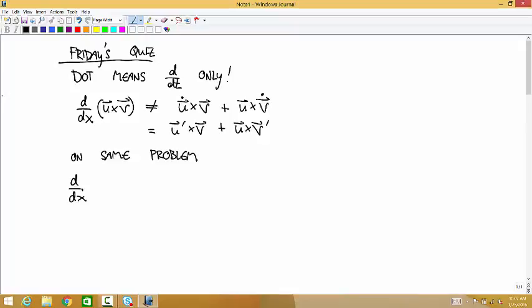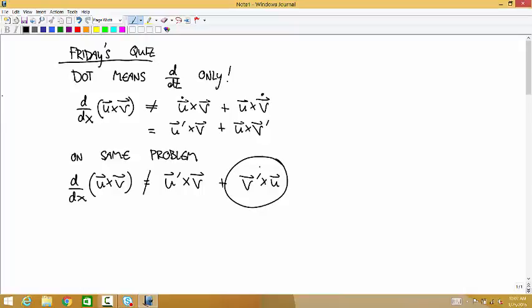They probably used the dot too, but I'm going to pretend like you didn't do that. u cross v is equal to u prime cross v plus v prime cross u. And that is not correct because order matters with the cross product.